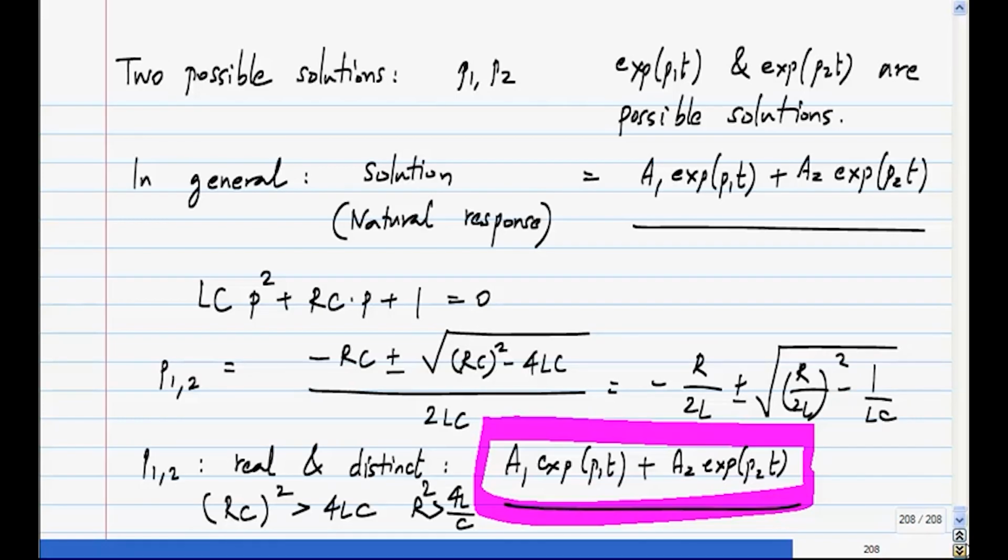So in general, there will be two exponentials in the natural response. Now we have to consider two other cases as well, when P1 and P2 are real and identical, and when they are complex conjugates of each other. We will first, in another lesson, look at a second order system as a cascade of two first order systems and come back to these issues, because that will help us understand the solutions even better. Okay.